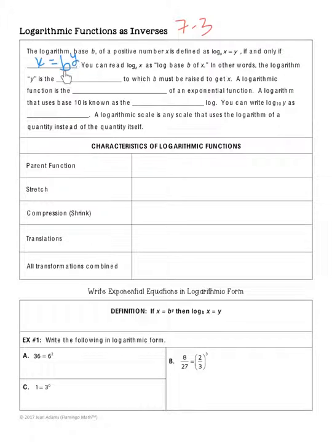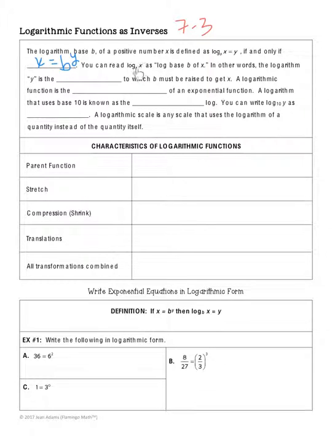Notice that the x and the y are reversed here. This is the exponential form of this log right here, but you'll notice that the x and the y are reversed from what we've been studying because these are inverses of each other. I will teach you how to convert from this form to this form.